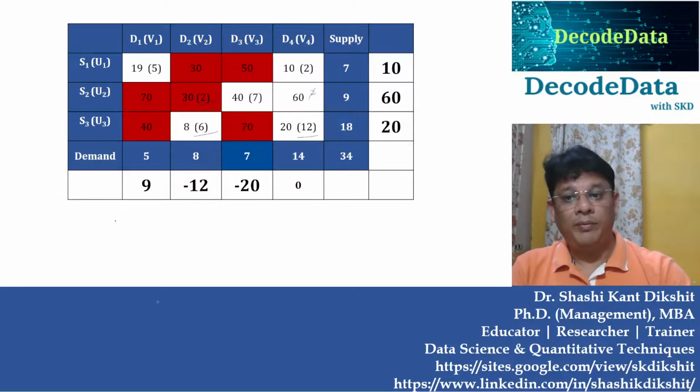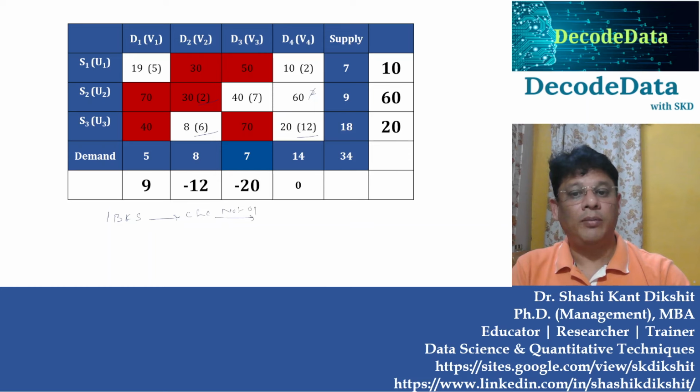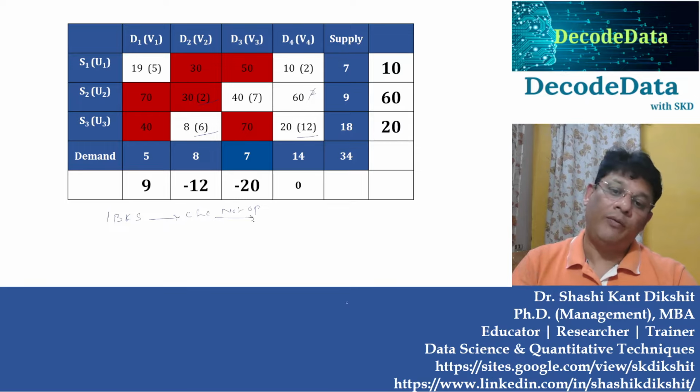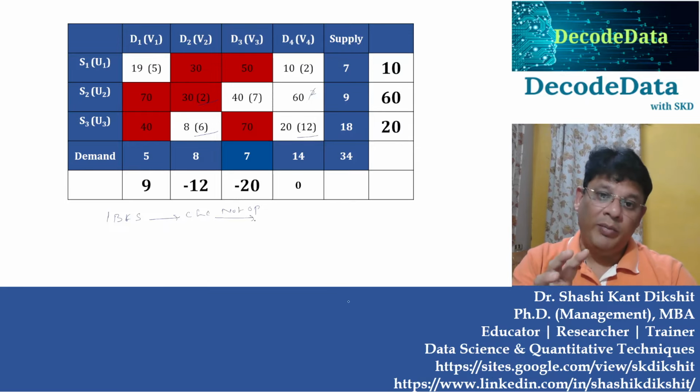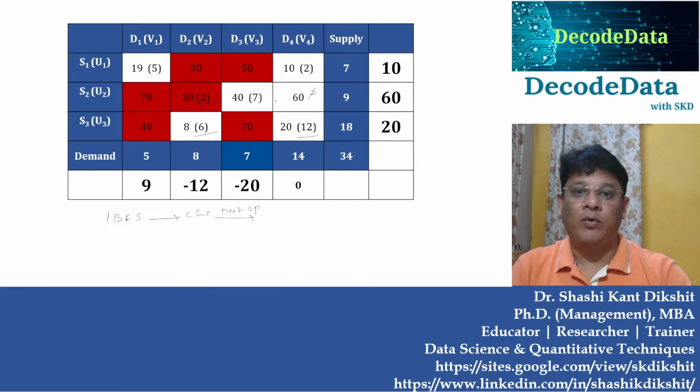Because IBFS was calculated, then we checked, and in checking we found that it is not optimum. Because it is not optimum, we have to make it optimum. To make it optimum, this allocation was done. 2 was removed from here and added here, and so on. Now we have a new matrix.